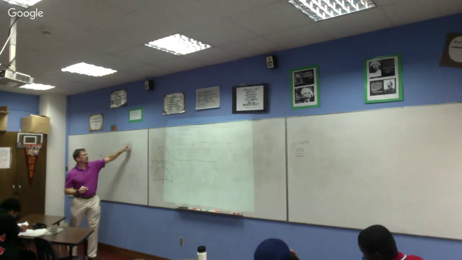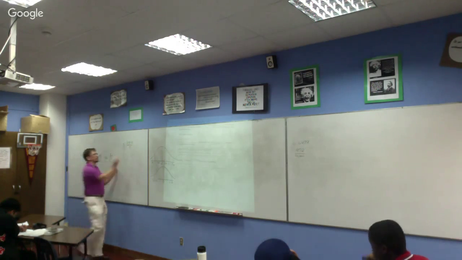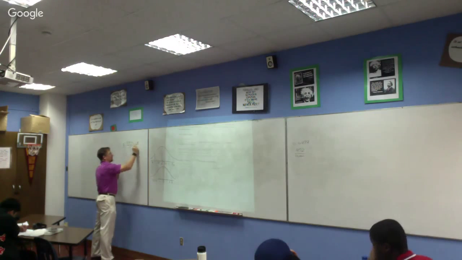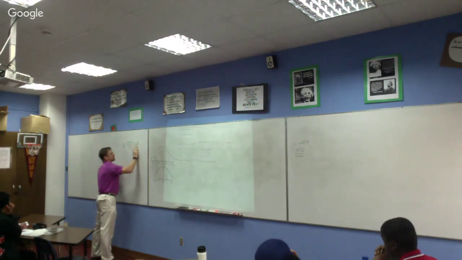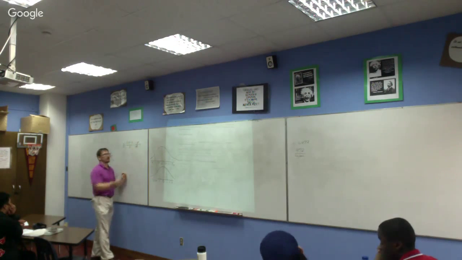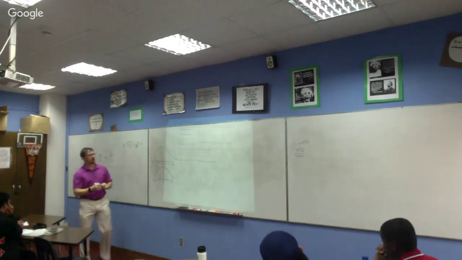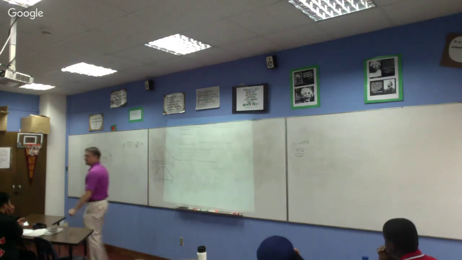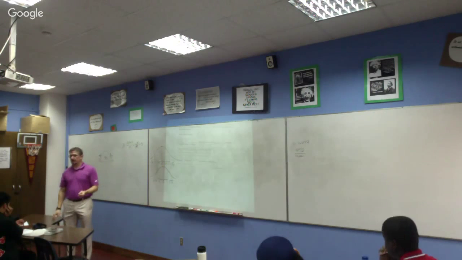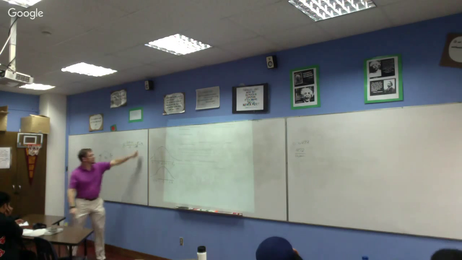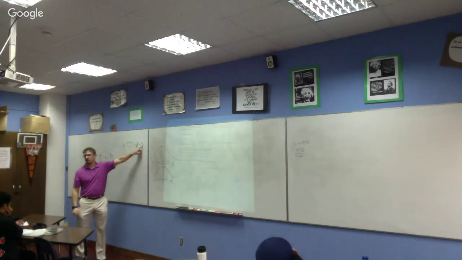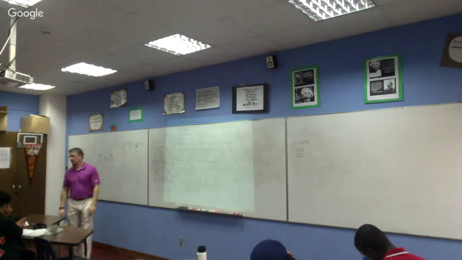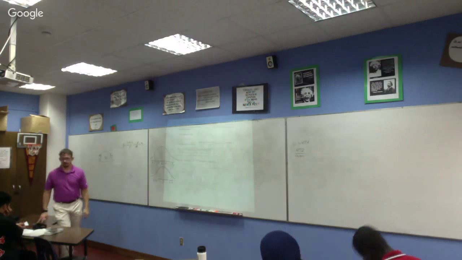Well, 3.5 minus 2 is what? 1.5. 1.5 divided by 0.5 is what? 3. All right? So now, 3.5 on a standardized scale is 3 standard deviations above the mean.